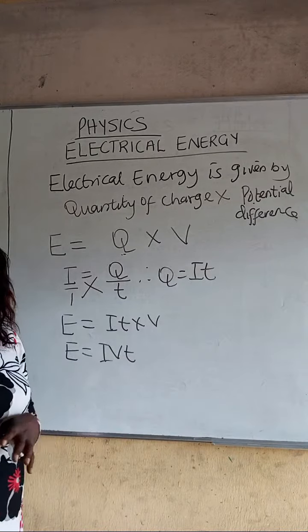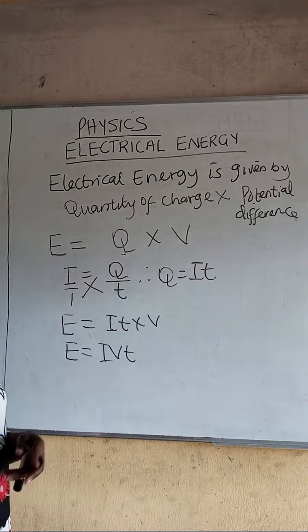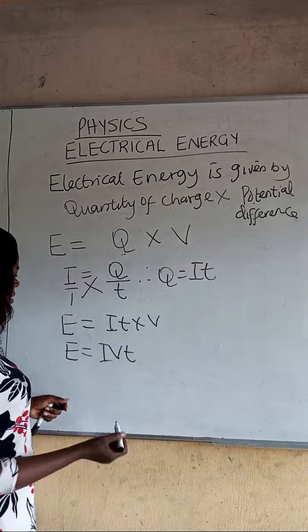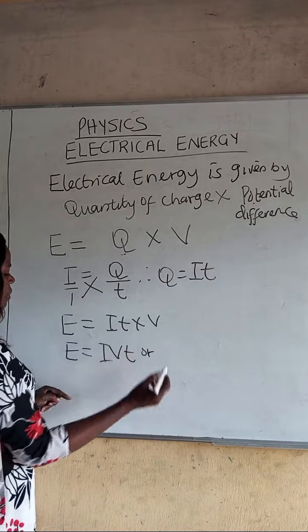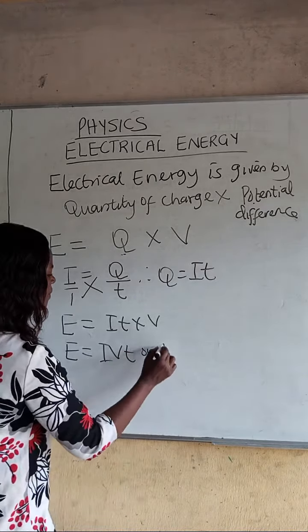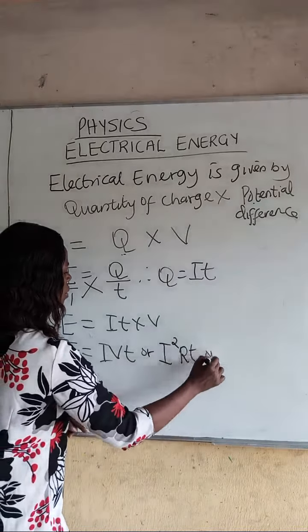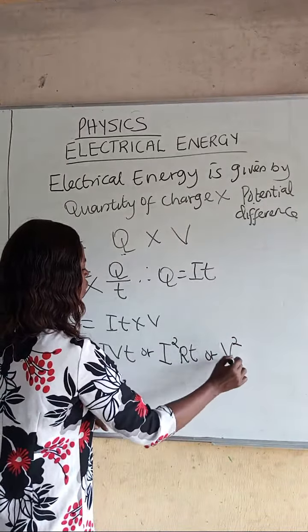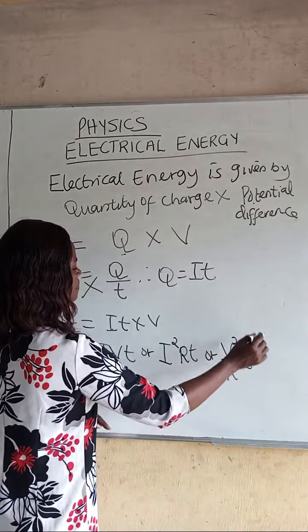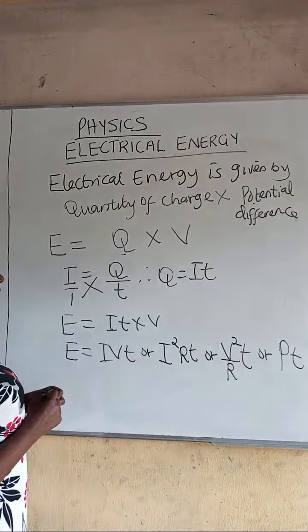We still have different formulas for electrical energy. I'm just going to state all of that for you. We have IVT, or I squared RT, or V squared over R times T, or PT.